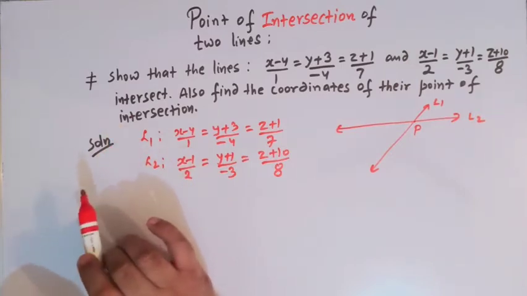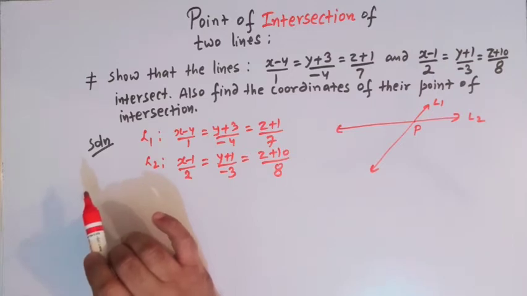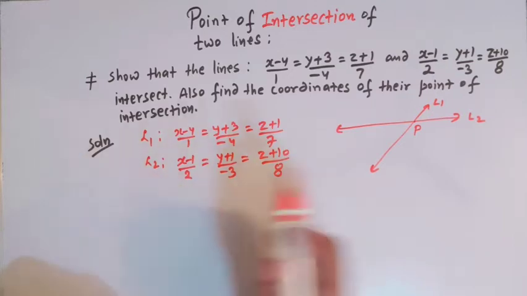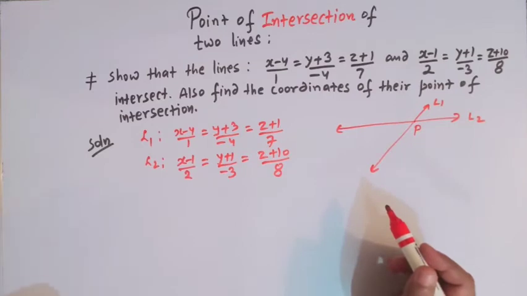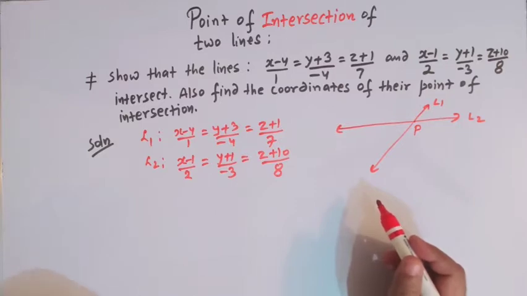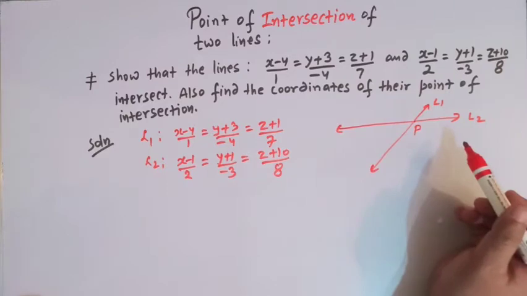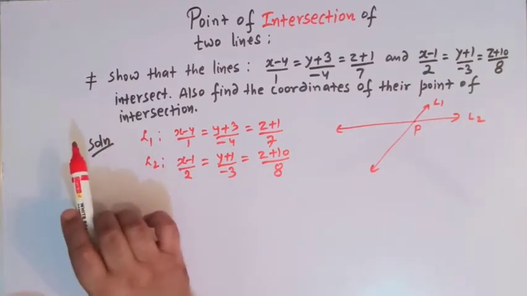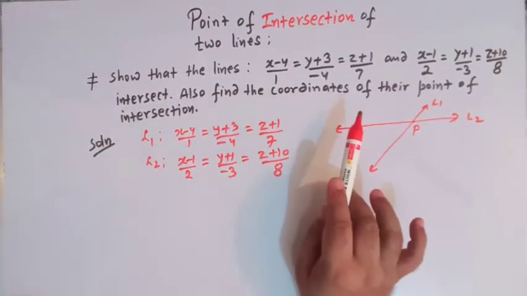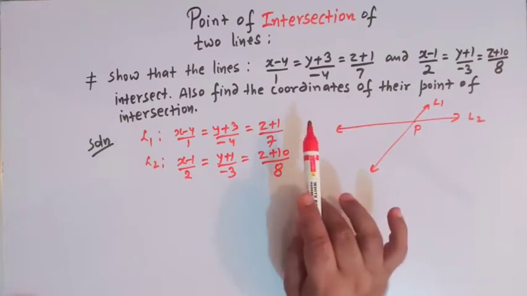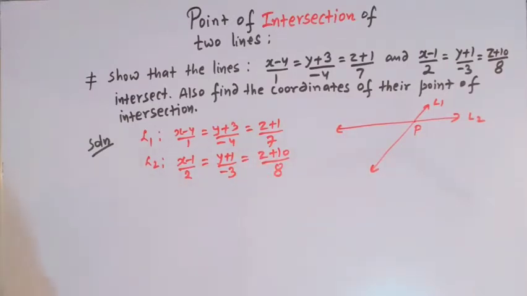Intersecting lines are those lines which are coplanar, and the shortest distance between two intersecting lines is 0, right? But here we are not going to use that method of shortest distance, and here we will solve this problem by some other method, and let us see what is that method.